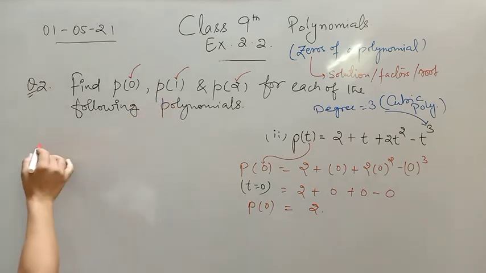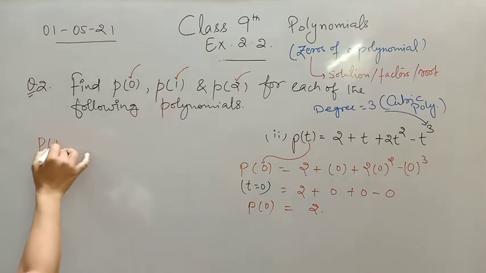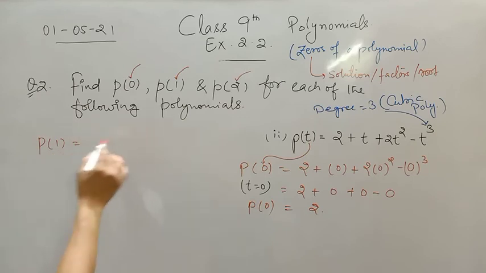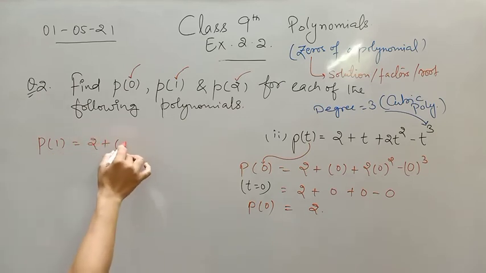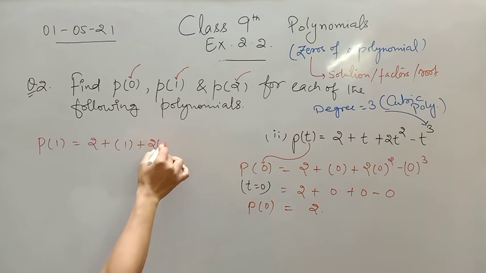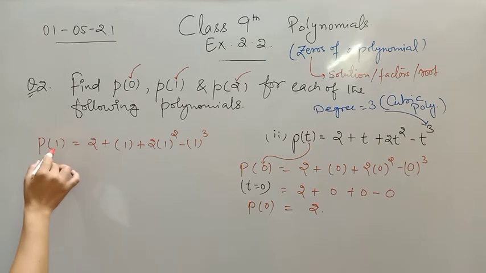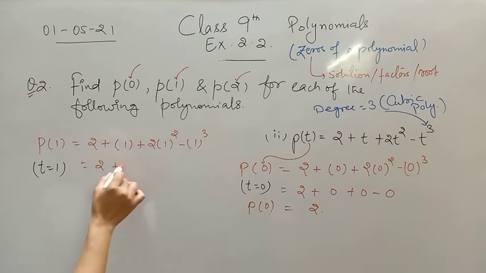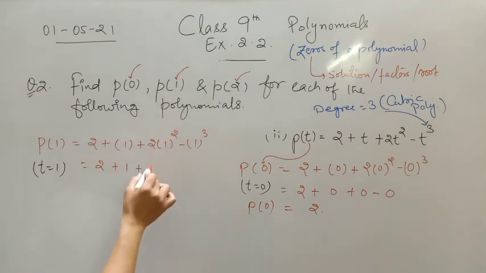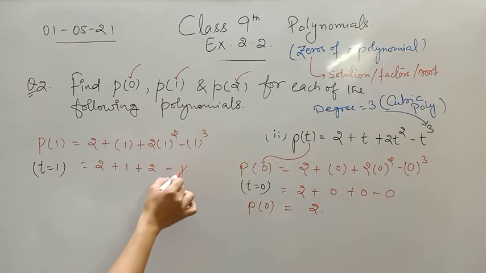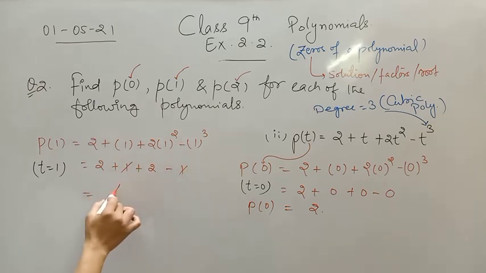Now for p1, what will you get? 2 plus 1 plus 1 square minus 1 cube. Here t is equal to 1. So for t equal to 1, this polynomial will give you 2 plus 1, 1 square is 1, so 2 ones are 2 and 1. So 1 and 1 cancel. So 2 plus 2 is 4.